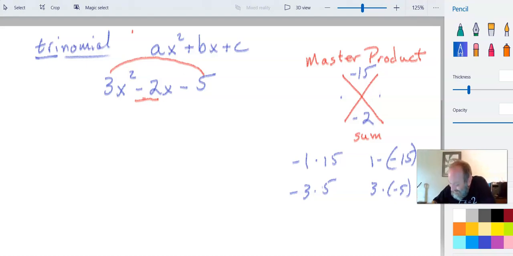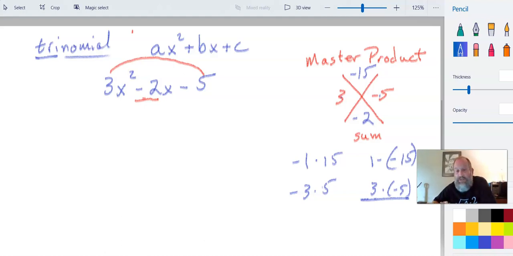Oops. Then 3 plus negative 5 is negative 2. So this one's actually my winner. I write down my 3 and my negative 5. This is how we check it: 3 times negative 5 is negative 15, and 3 plus negative 5 is negative 2.